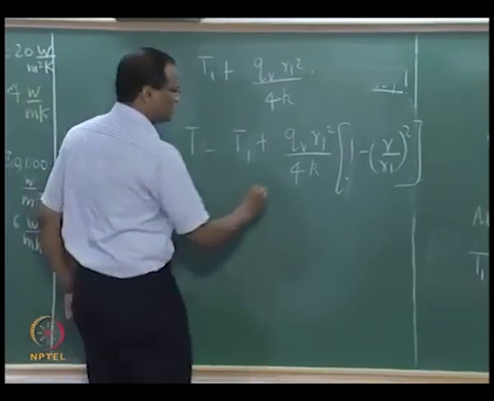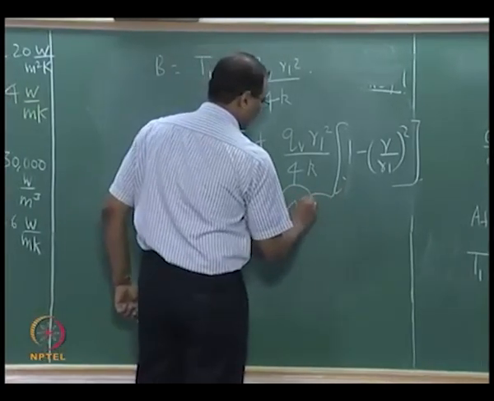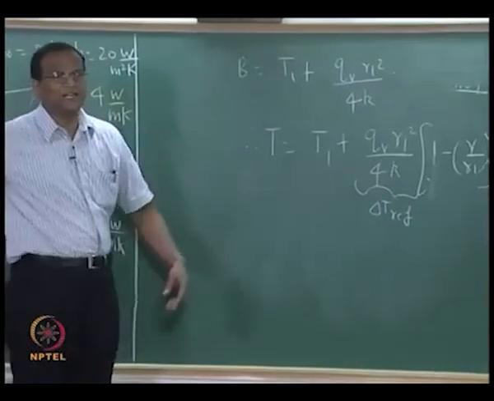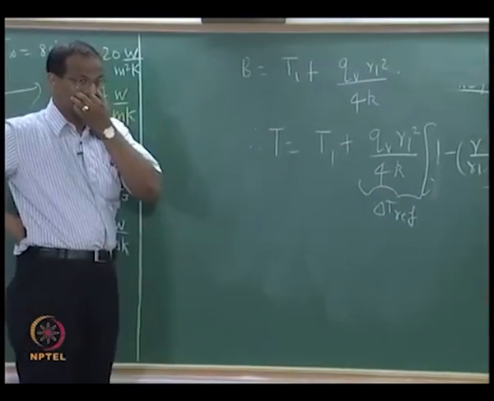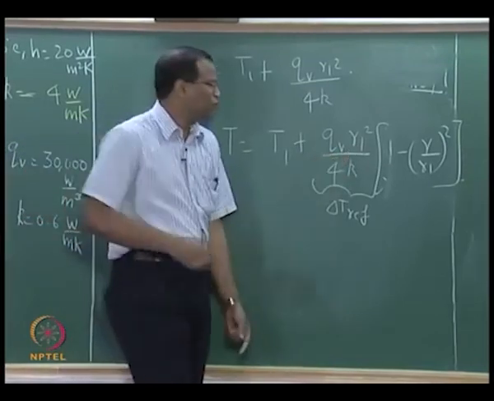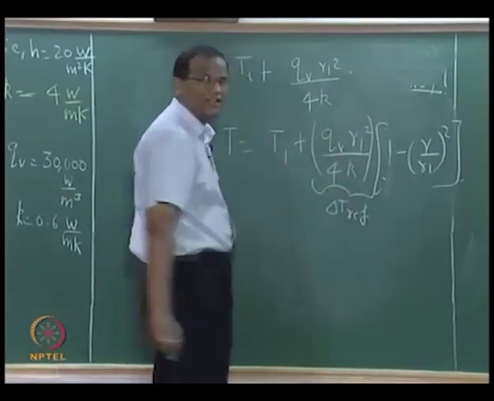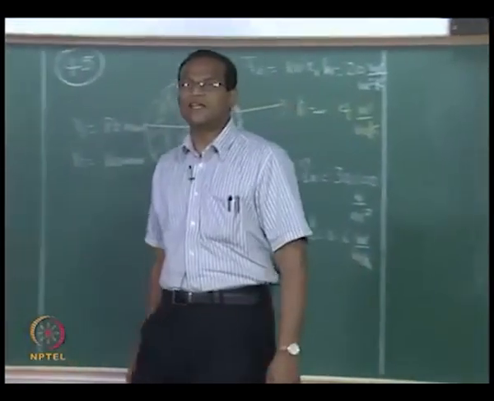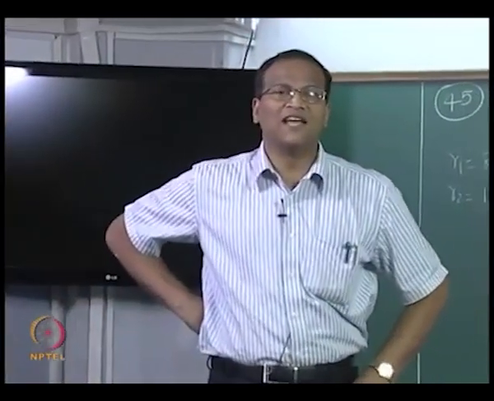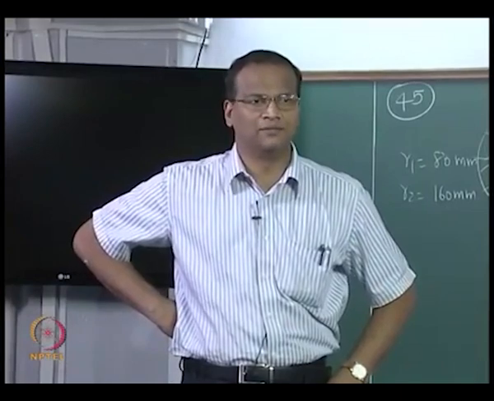I can call it an equivalent temperature difference, correct? Because this QV R squared by 4K term will have the units of Kelvin. That is the temperature rise which is caused by the heat generation. We can also call it a dimensionless heat generation parameter.